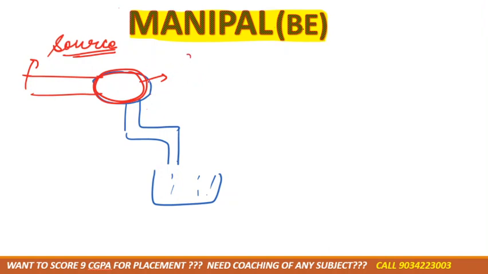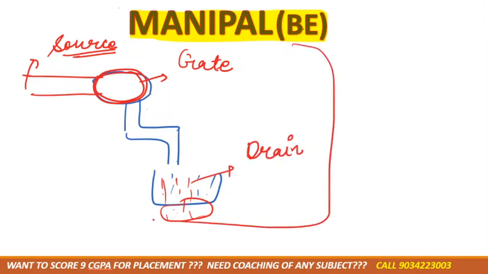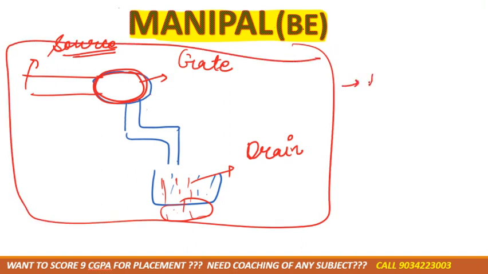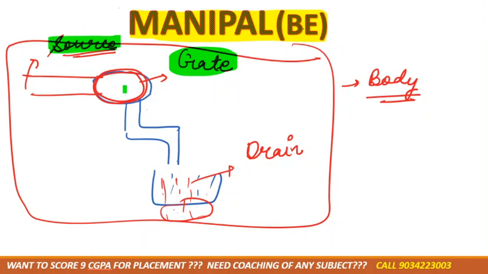The thing which is used to control the flow of water is technically known as gate, right? And here the water is collecting. This is technically known as drain, and this complete circuit is known as body. Understood? So basically we have four terminals: source, from where water is coming; gate, from where we can control the water; drain, where water is going outside; and the body.